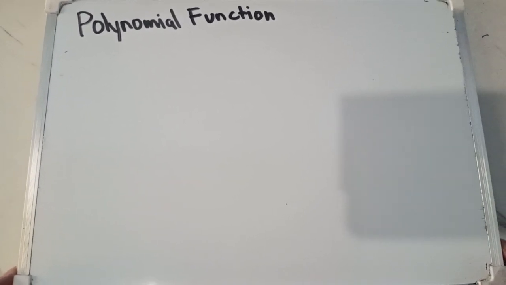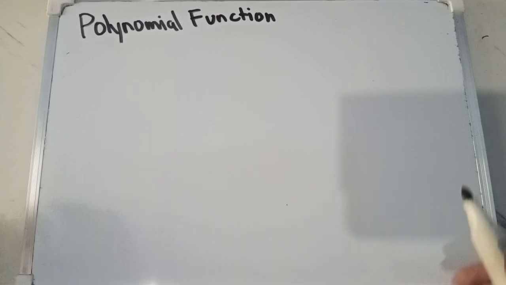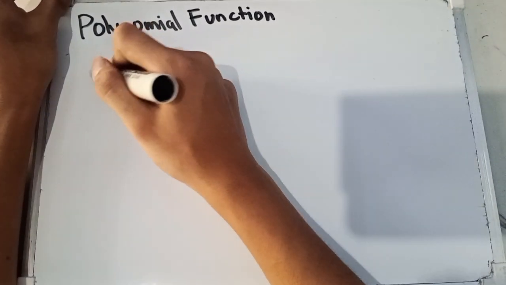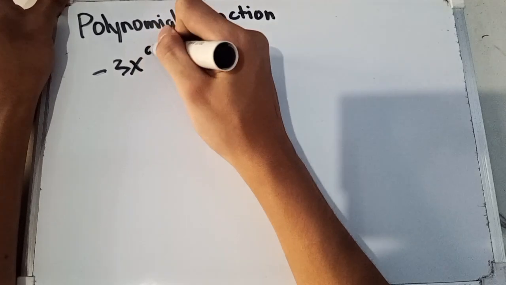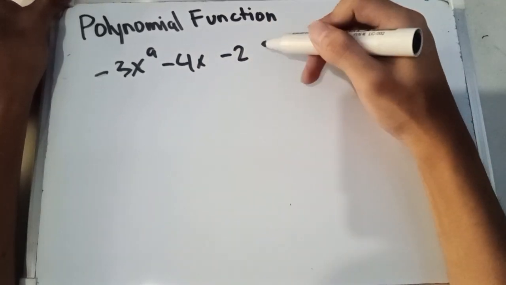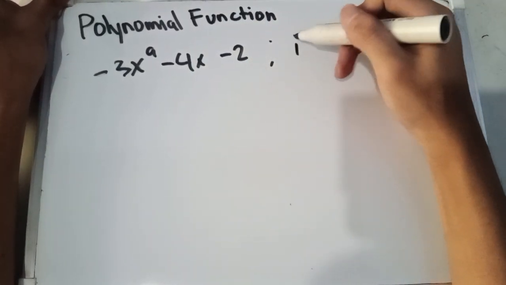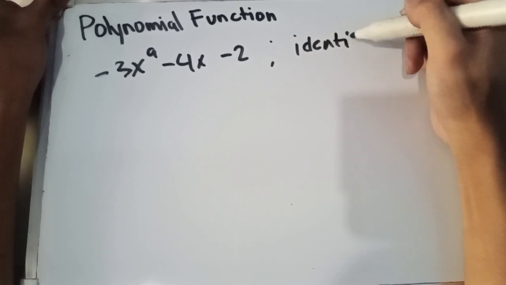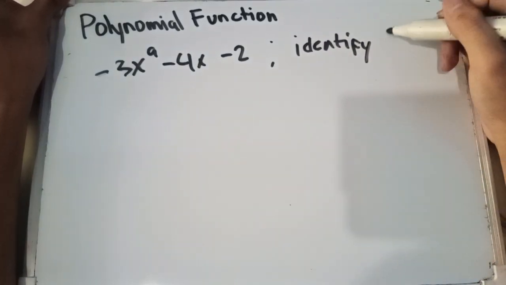So what if we have this? Negative 3x raised to 9 minus 4x minus 2. Identify the end behavior pattern.